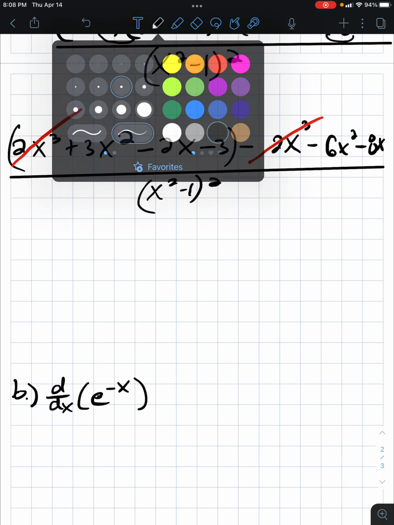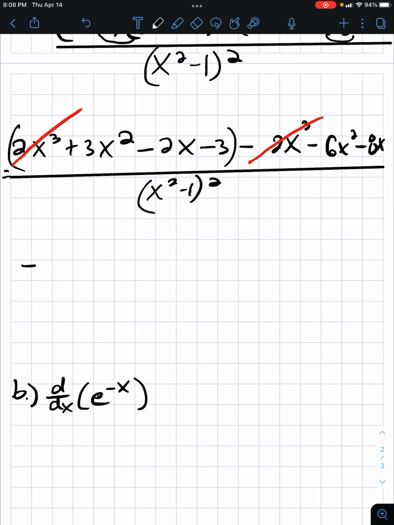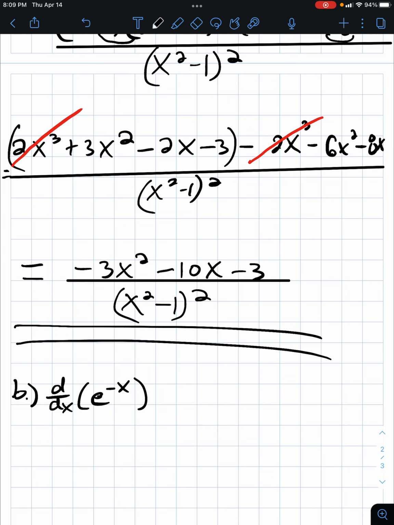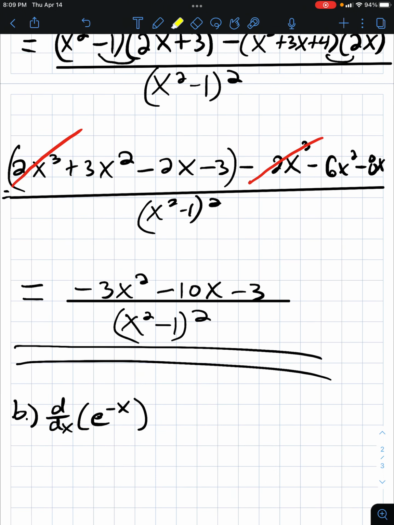Nope, that's it. So this is going to be equal to negative 3x squared minus 10x minus 3, and then our denominator is still x squared minus 1 squared. This is our simplified derivative for part A. I don't believe we can simplify it anymore, so we'll leave it at that.